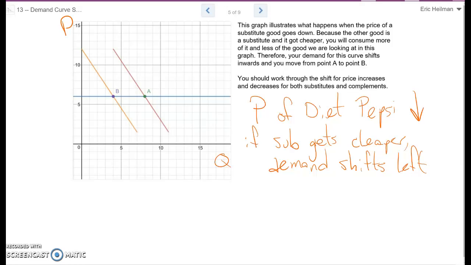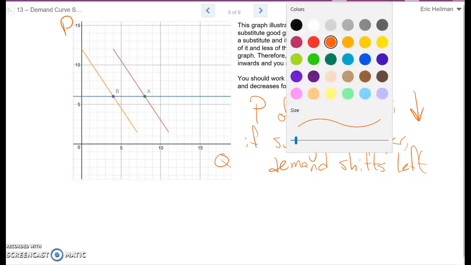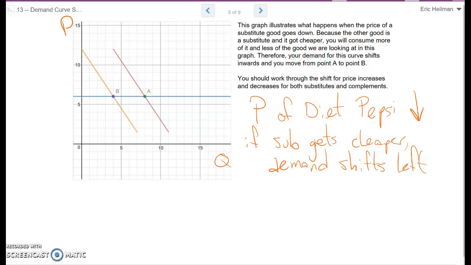Well, people who prefer Diet Pepsi, don't know who they are, they would be like, oh, Diet Pepsi got more expensive, maybe I'll buy Diet Coke instead. And so the demand curve would shift to the right, and you might see something like this. So if the price of a substitute goes up, your demand's going to increase and you're going to shift right.